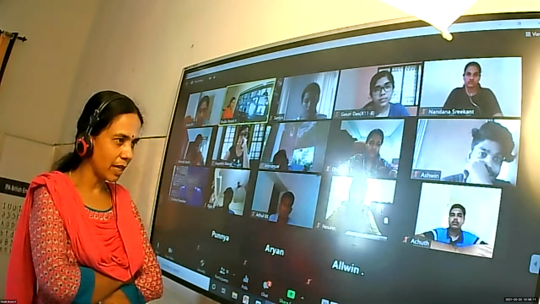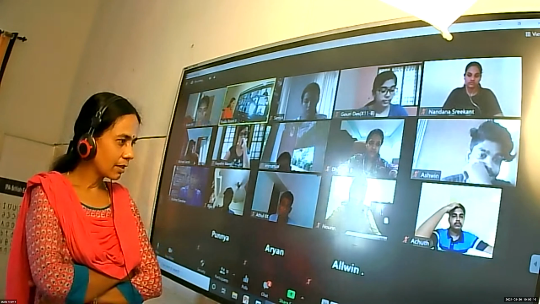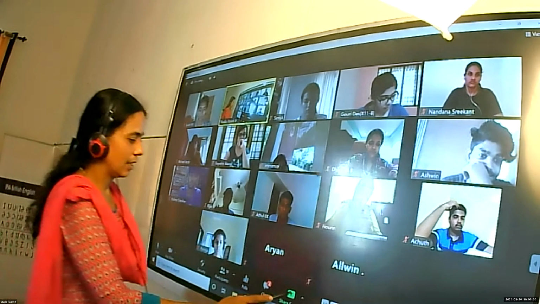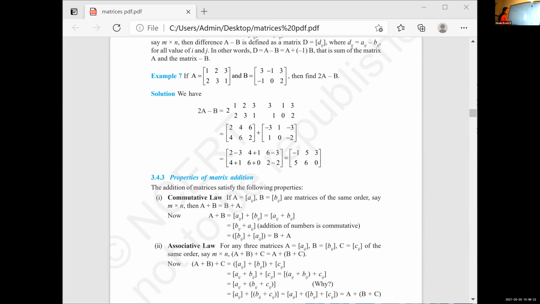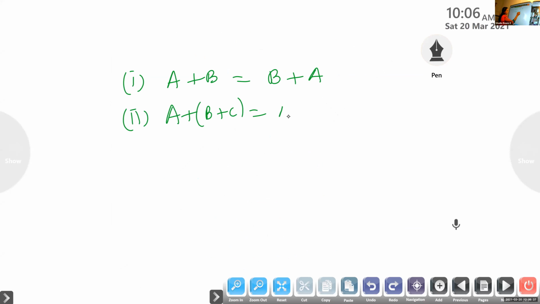That is (A + B) + C will be the same as A + (B + C). So the first law is commutativity: A plus B is equal to B plus A. Next one is associativity: (A + B) + C is equal to A + (B + C).